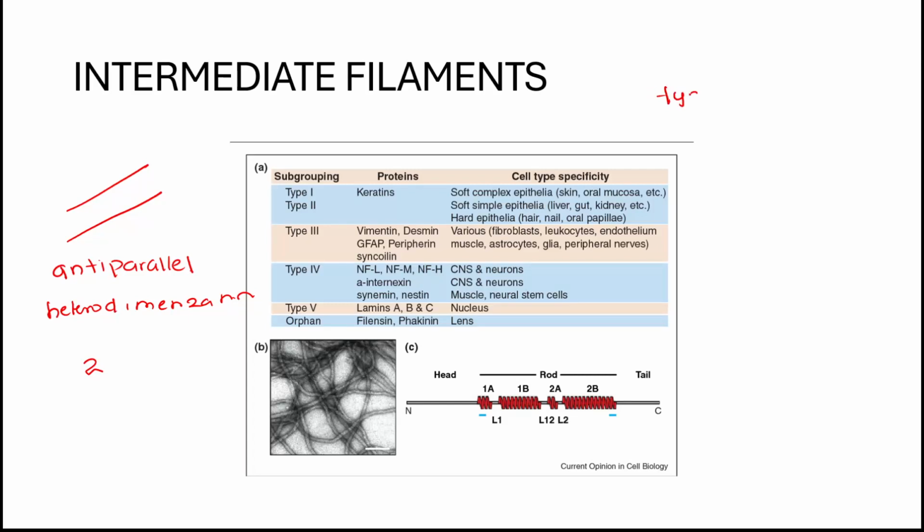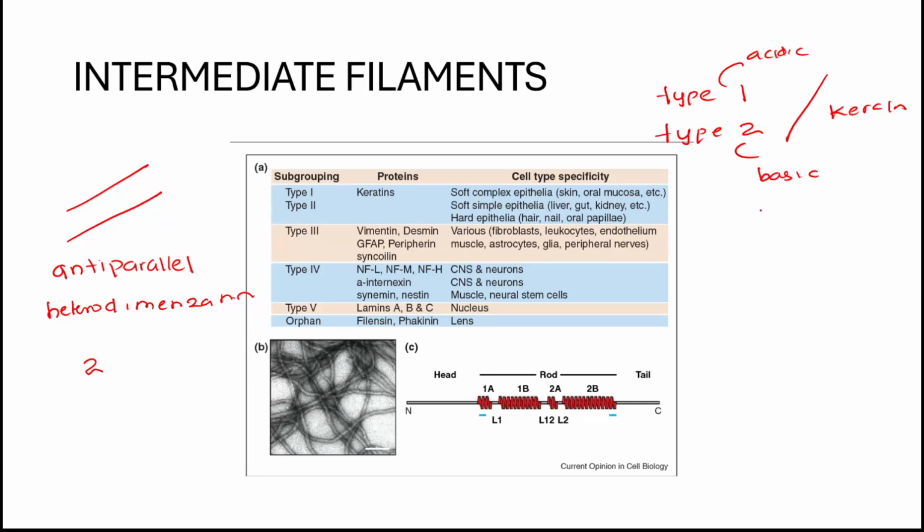Type 1 and type 2 are called the acidic and the basic protein intermediate filaments. Practically, these are keratins. Keratin, this is an acidic one, whereas this is the basic intermediate filament.